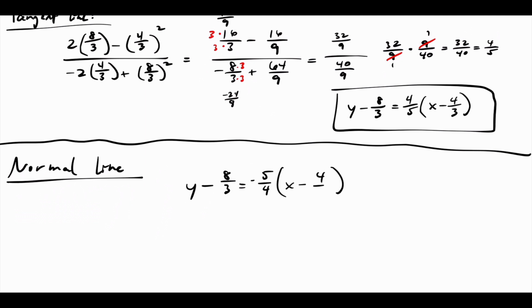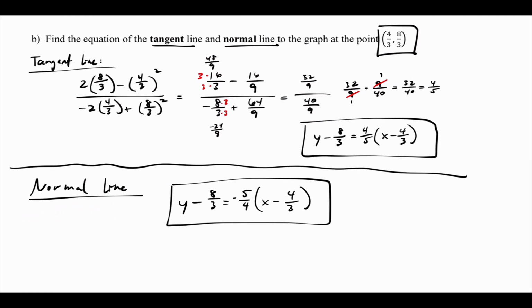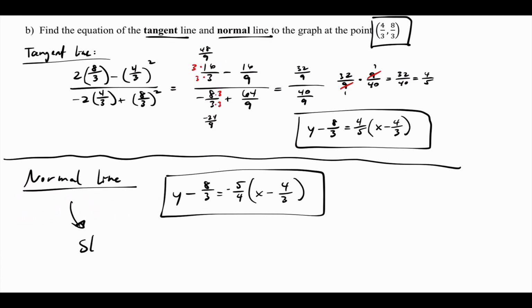Everything else is exactly the same. So once you find the tangent line, normal line's easy. Slope is opposite reciprocal. It means flip, change the sign.